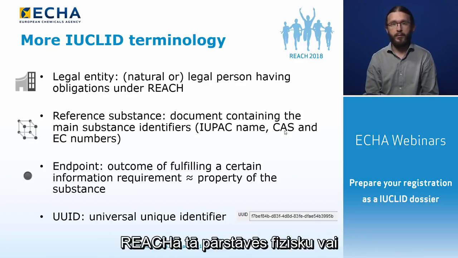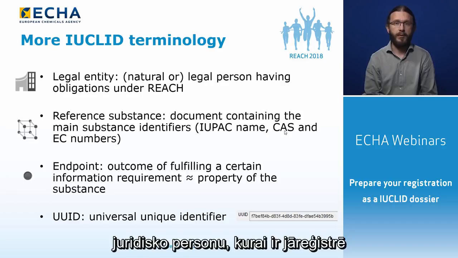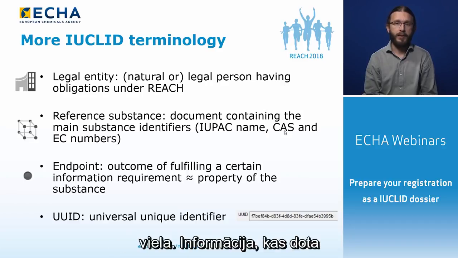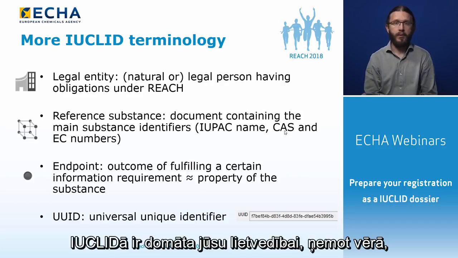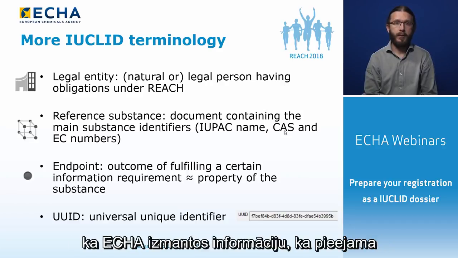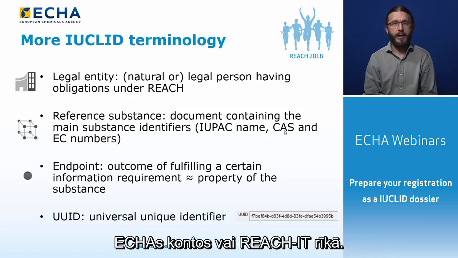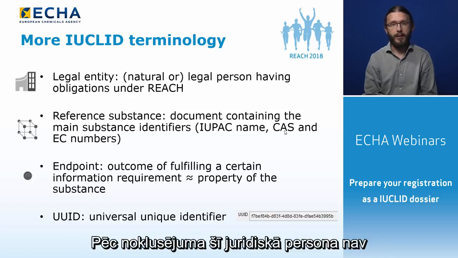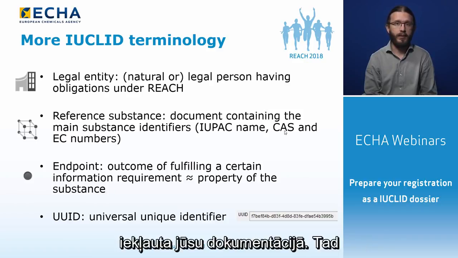This will represent a natural or legal person who has to register a substance. The information given in IUCLID is for your own record keeping, as ECHA will use the information given in ECHA accounts or in REACH-IT instead. By default, this legal entity is not included in your dossier.